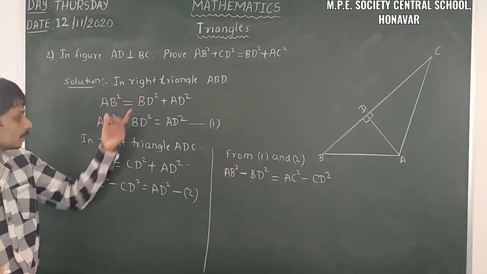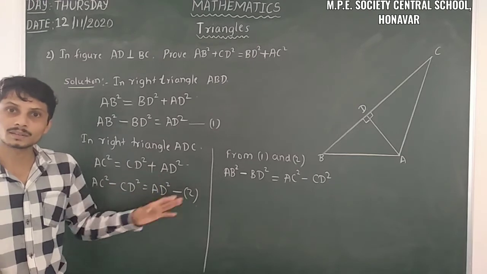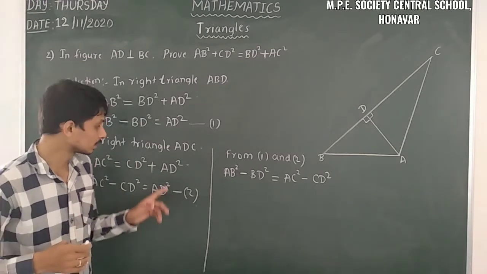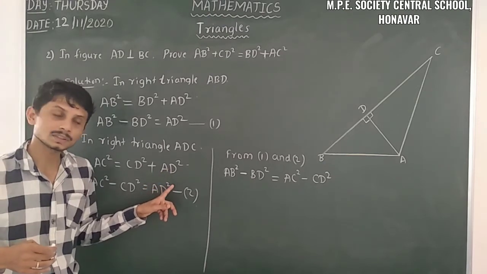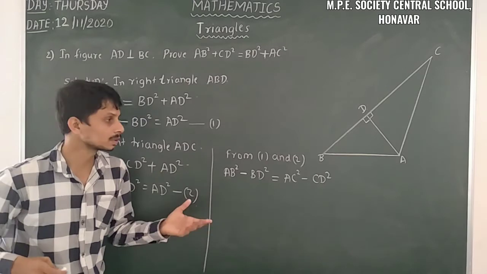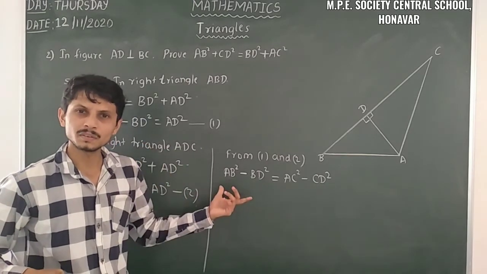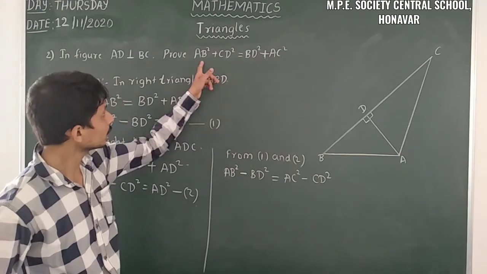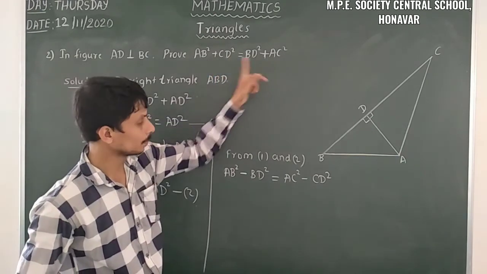So we can subtract AB square minus AC square, then transpose some terms, and after that we get the required thing. In that operation AD square is cancelled out. That is also possible, and this will be very easy for us. We want AB square plus CD square is equal to BD square plus AC square.